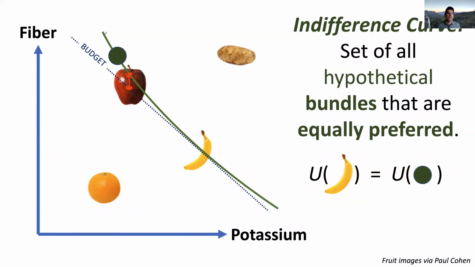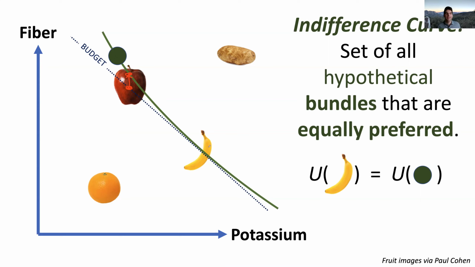And I could draw a line, that's what this green line is, of all of the different artificial foods that I could potentially create that this person would be indifferent to choosing, if they had the money, relative to a banana. And so this is a so-called indifference curve. An indifference curve is the set of all hypothetical bundles of goods that are equally preferred by a consumer.